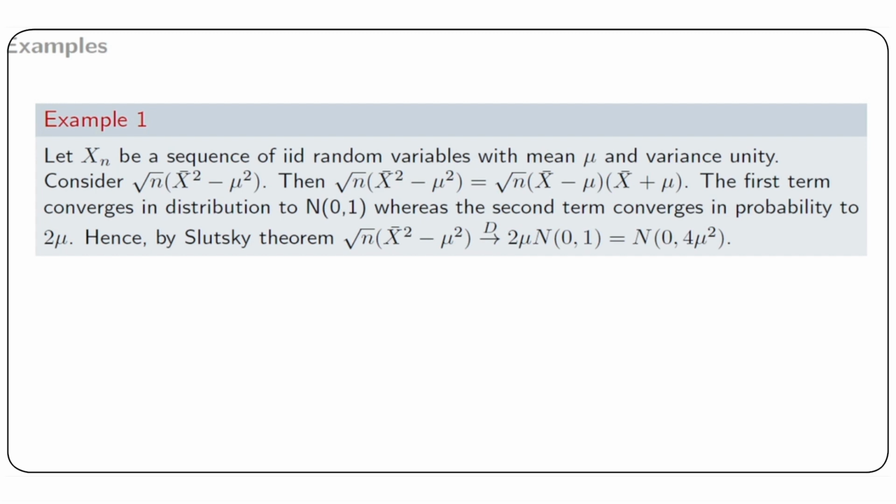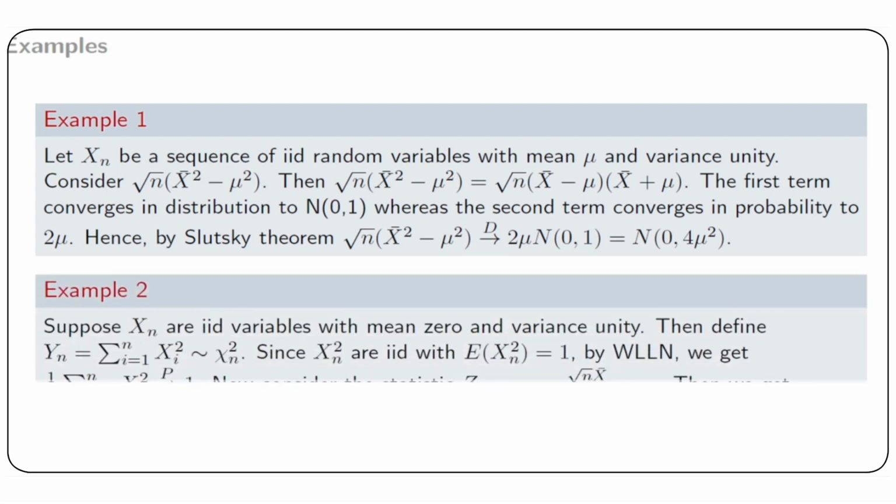So combining these two from Slutsky theorem, we find that square root of n multiplied by X bar squared minus mu squared converges in distribution to 2 mu times a standard normal variable. So in all, we can say that square root of n times X bar squared minus mu squared converges in distribution to normal with mean 0 and variance 4 mu squared.